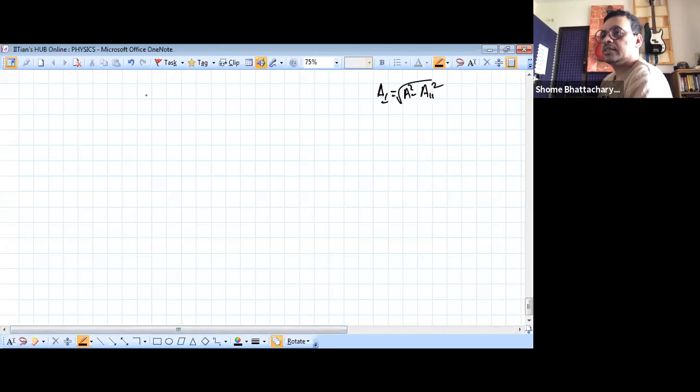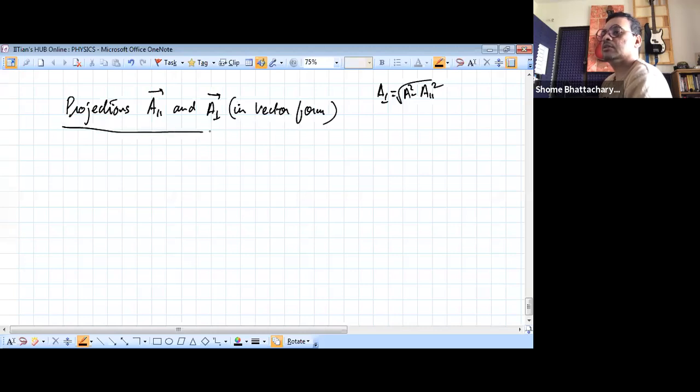Okay, now the next thing, the projections E parallel and E perpendicular in vector form, that is not in magnitude but in vector form, in i cap j cap notation. So how to find this?